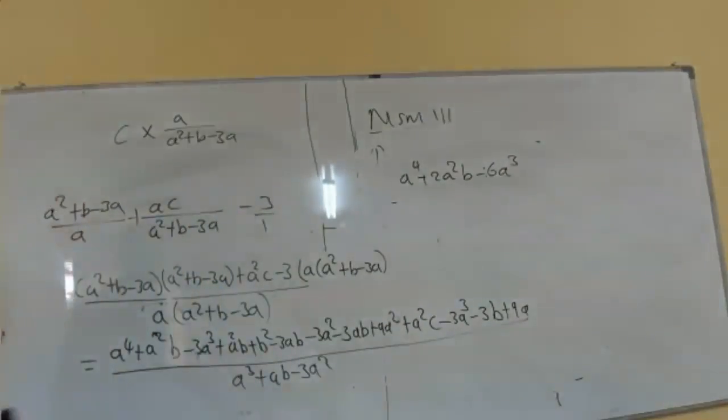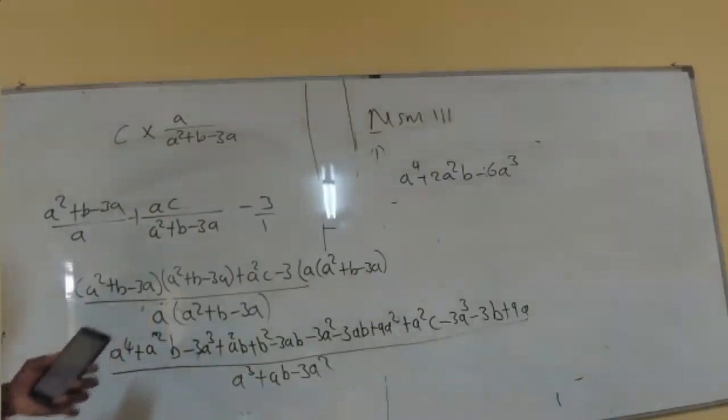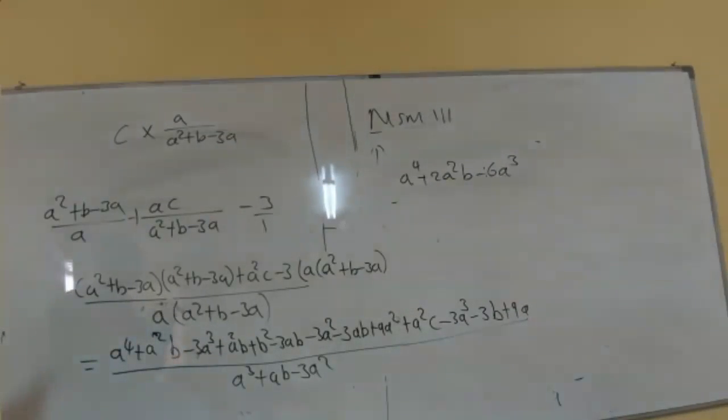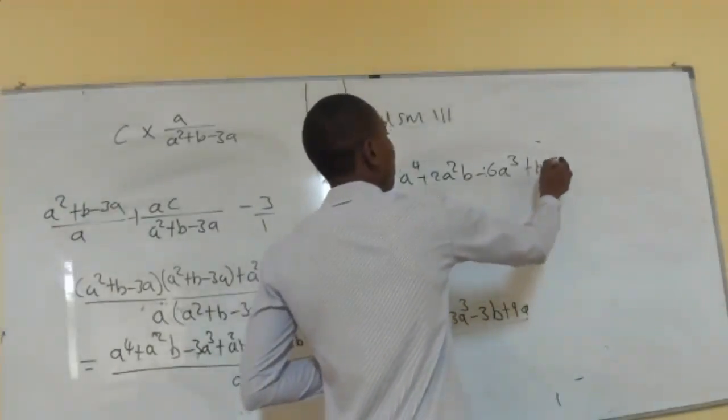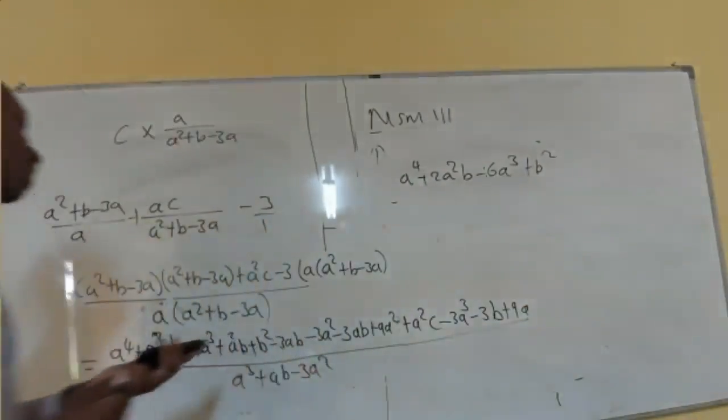So minus 6 a cubed. Then after that we have b squared. We only have one b squared, so plus b squared. Okay, so we'll rearrange them later.